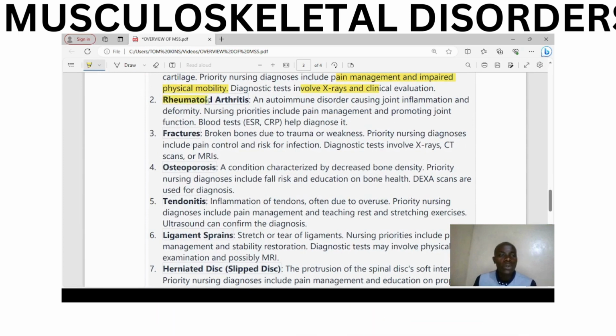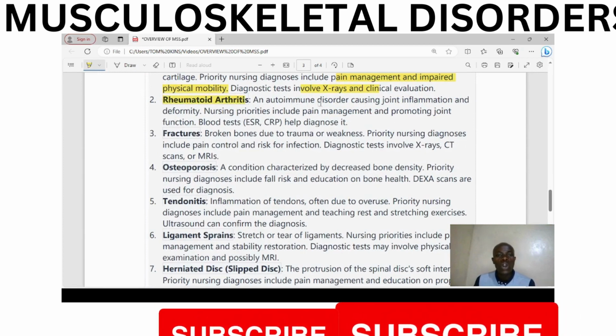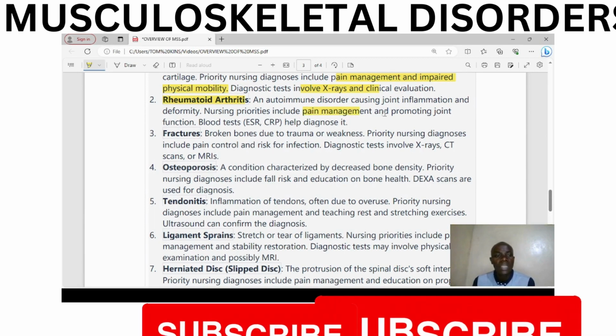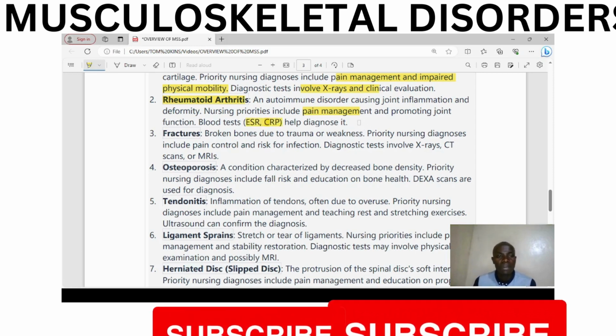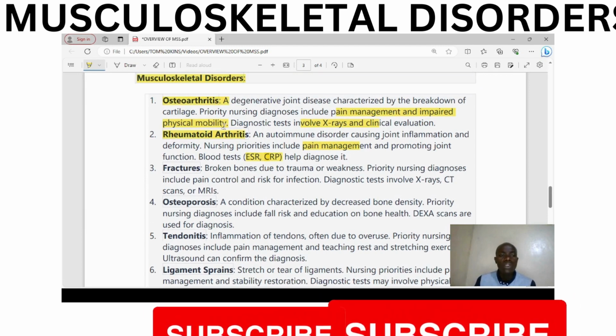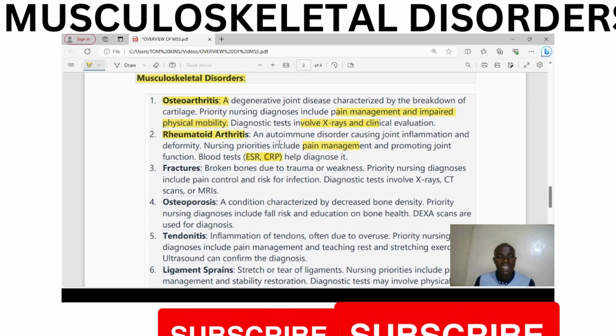Number 2 is rheumatoid arthritis, an autoimmune disorder causing joint inflammation and deformity. Nursing interventions will include pain management and promoting function, and the tests will be the ESR and CRP to help diagnose the inflammation aspect. Remember, a link will be popping up to show the differences between osteoarthritis and rheumatoid arthritis.